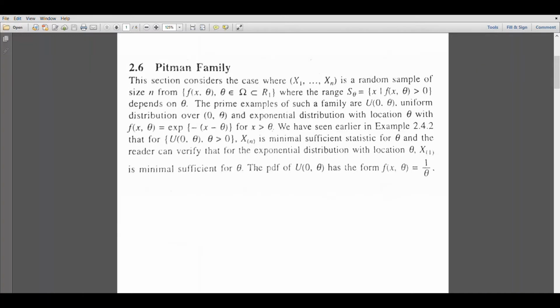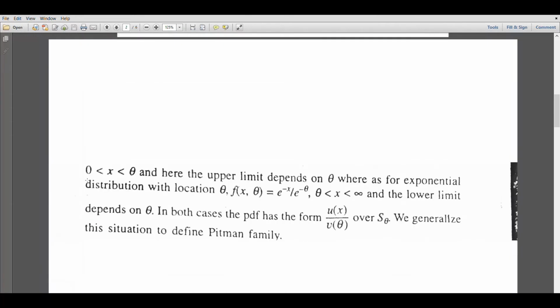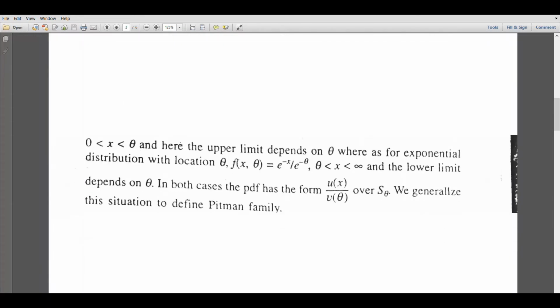We have the form of the PDF of uniform (0, theta). The PDF of uniform (0, theta) has the form f(x, theta) equal to 1 by theta, where 0 less than x less than theta. Here the upper limit depends on theta, whereas for the exponential distribution with location theta, with probability density function f(x, theta) equal to e to the power minus x divided by e to the power minus theta, theta less than x less than infinity, the lower limit depends on theta.